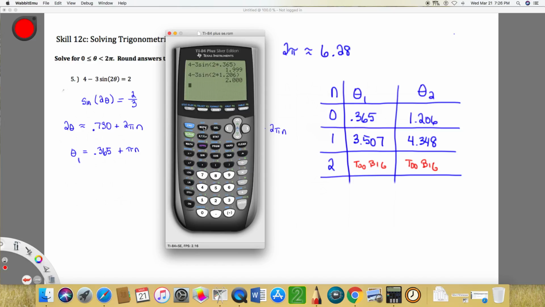That's 2. So let's bring up our last entry. Change this to 3.507. And it's still pretty close to 2.